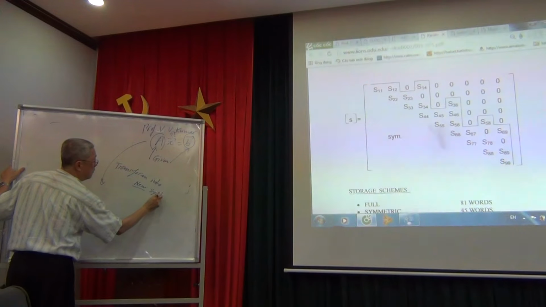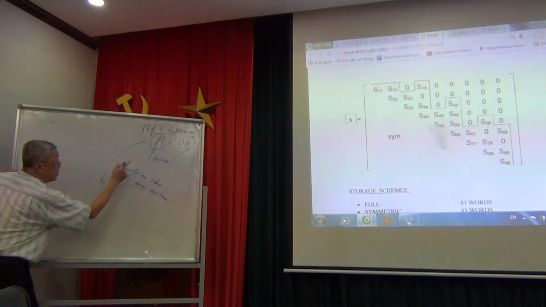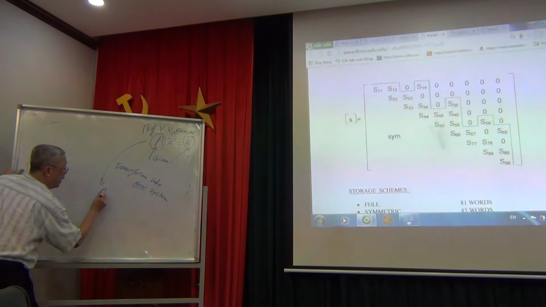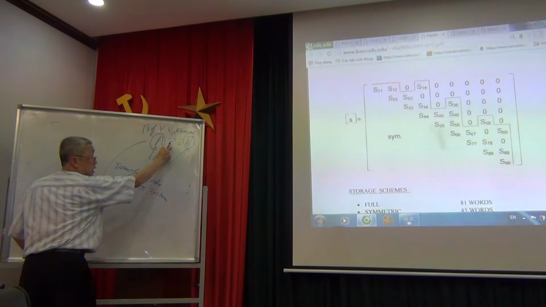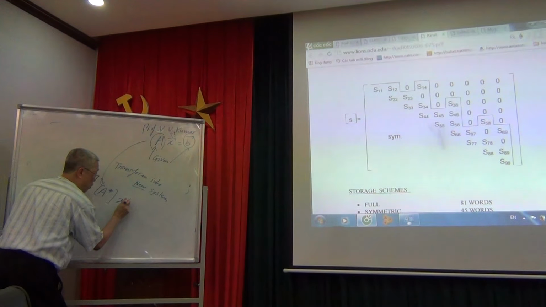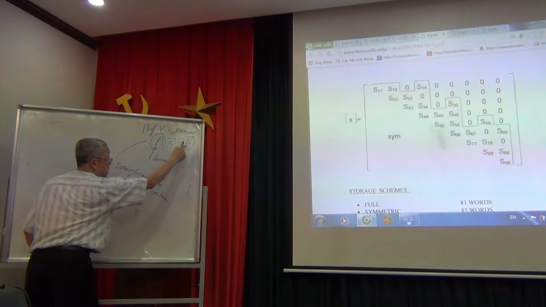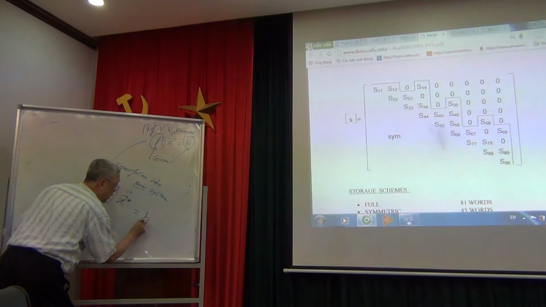The new system. Instead of A, it will be A star, a new matrix. Instead of solving for the unknown X, now X star will be the unknown. Instead of B, it will be B star.